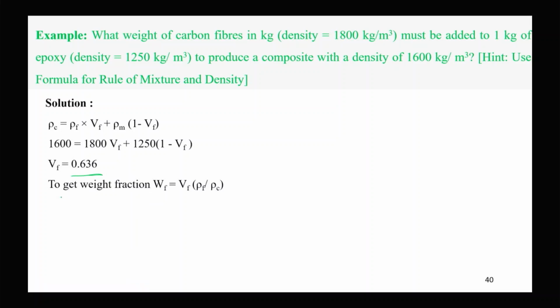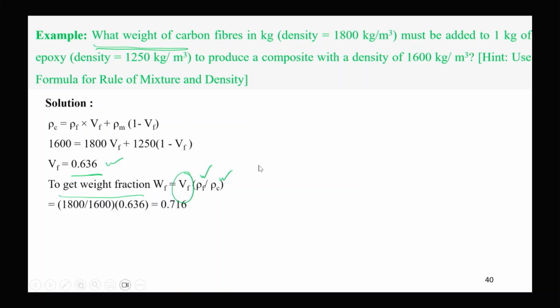To get weight fraction, here you have to get the weight fraction from the volume fraction. To get weight fraction, the volume fraction of fiber multiplied by density of fiber divided by density of composite.